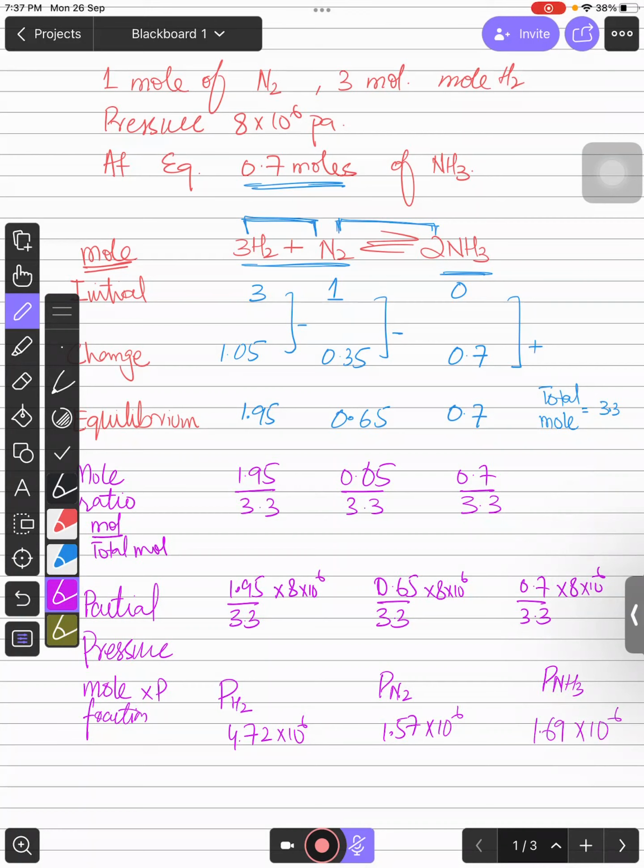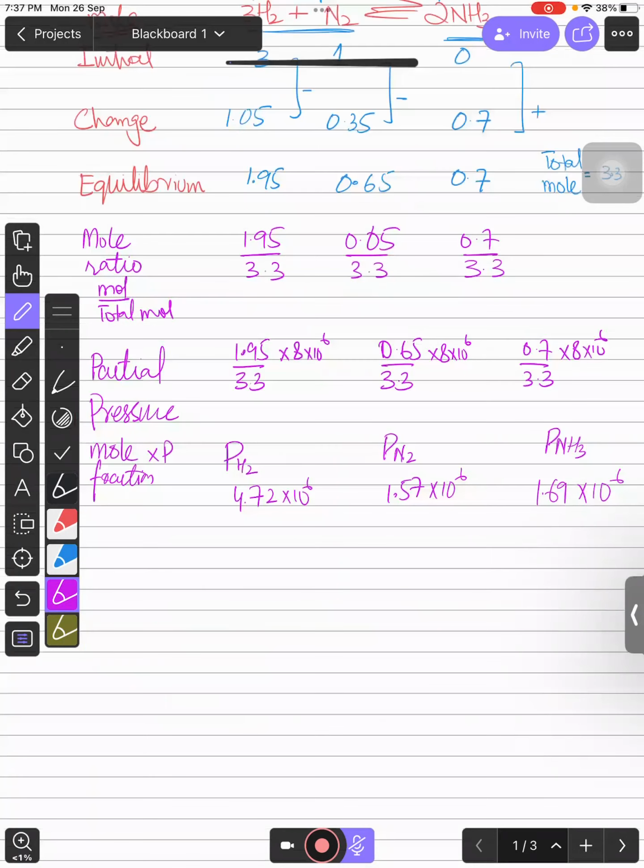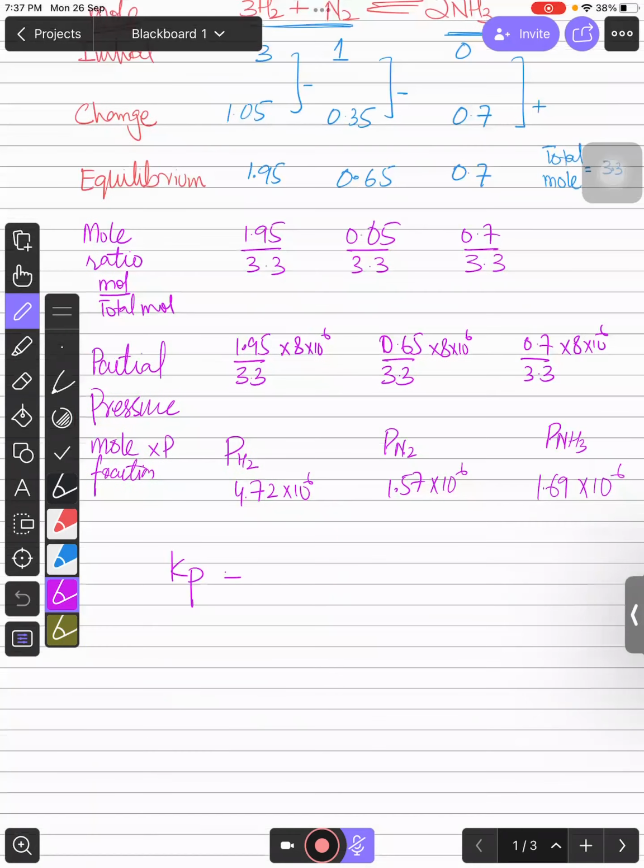And if you want to find out the value of Kp, you can find it out. You know that it is pressure of ammonia with the power of its stoichiometric number, pressure of hydrogen with the power of its stoichiometric number, and the pressure of nitrogen.